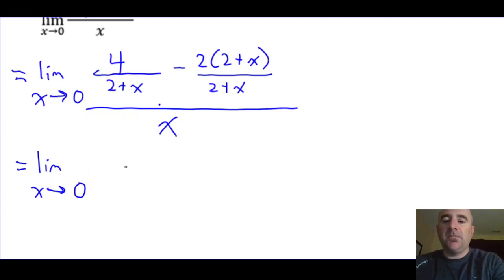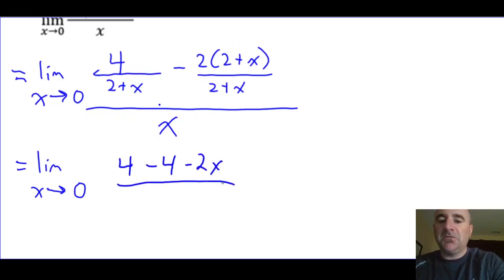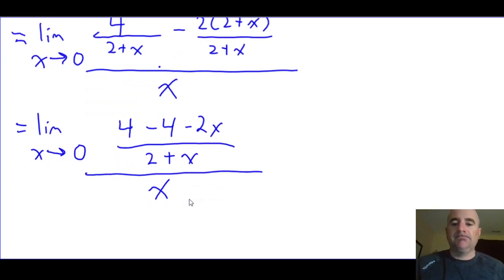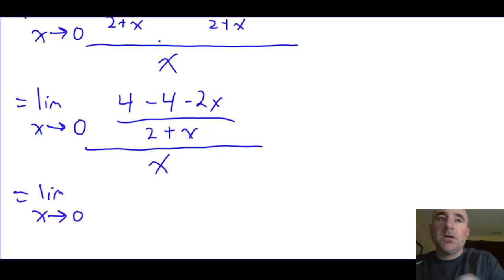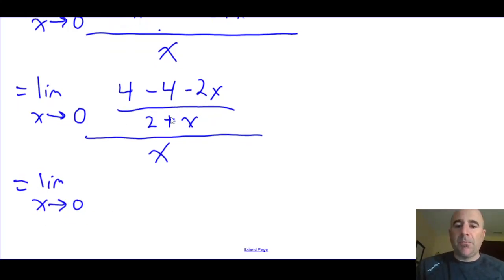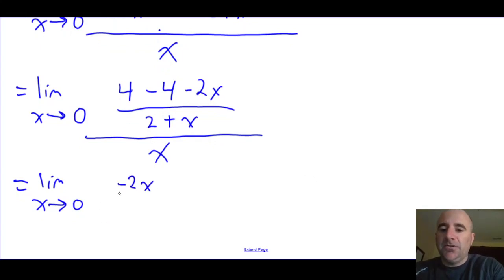So I get 4. I'm going to expand here as well. So I get 4 subtract 4 minus 2x all over 2 plus x. All of that is over x. Next, from there, 4 minus 4 is 0. So I get negative 2x, all divided by 2 plus x.